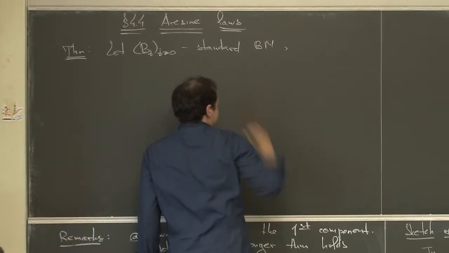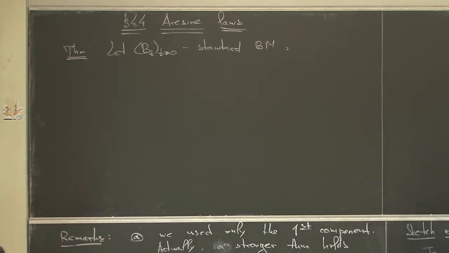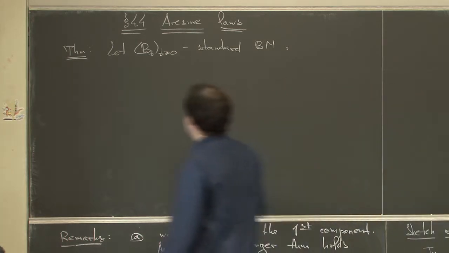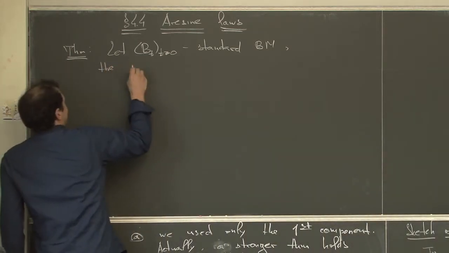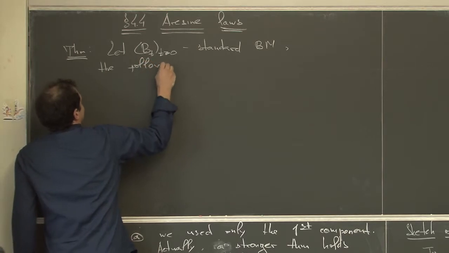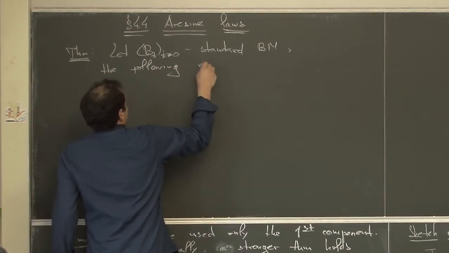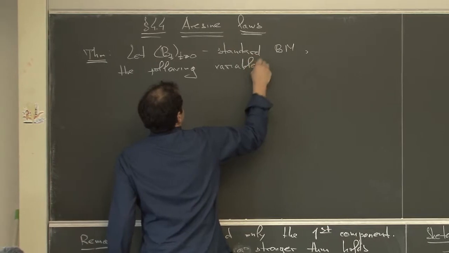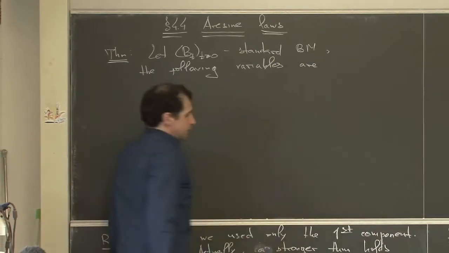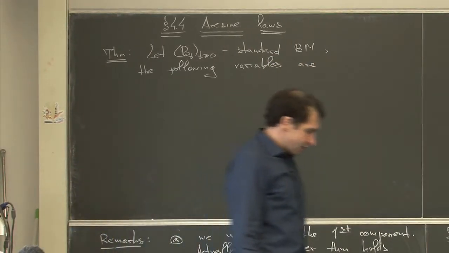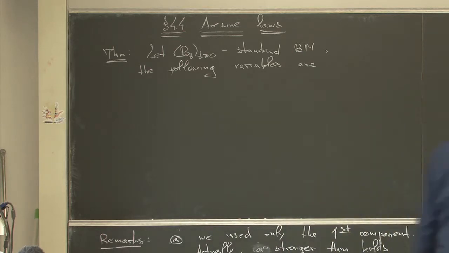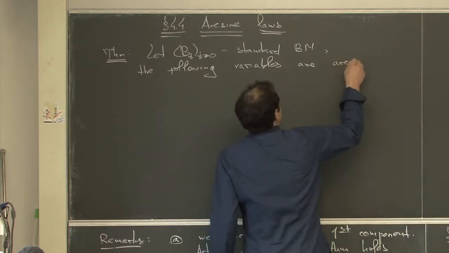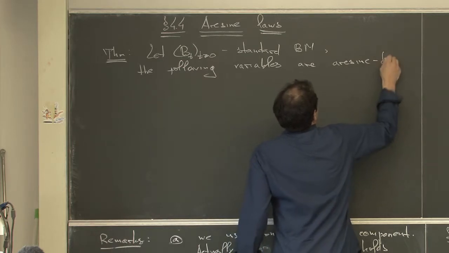there are three variables. I mean, just think about this Brownian motion up to time 1. We do not need the future. So the following variables are distributed identically, and moreover, you can compute the distribution: they are arcsine distributed.